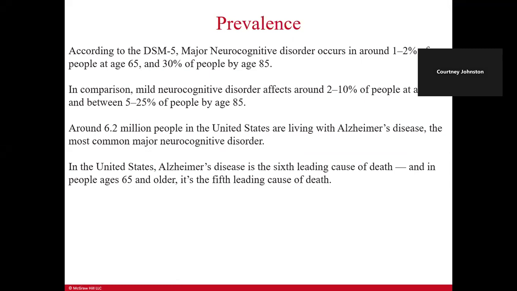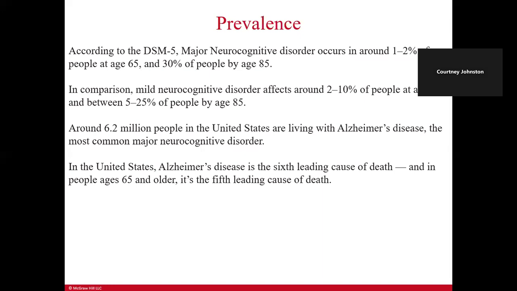In comparison with mild neurocognitive disorder, it's about 2 to 5% of people by the age of 65, and about 5 to 25% of people age 85. So again, you can see that it's very prevalent, especially once one hits 65 and then 85, it's extraordinarily prevalent.